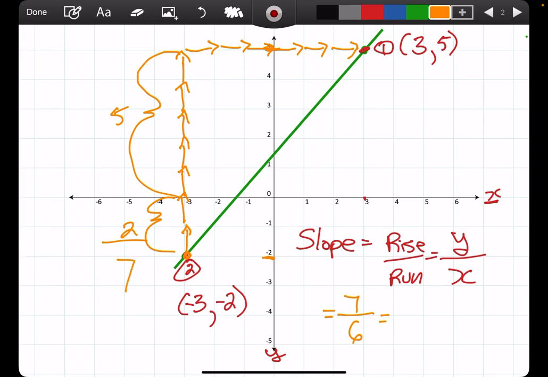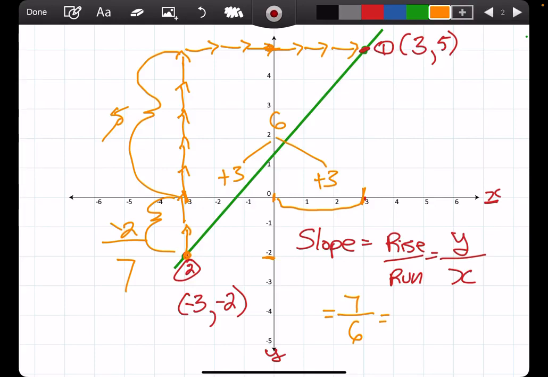This part of the line started right about at the 3, and it went back to 0, so that's +3. And then from here to here was another 3 spaces, +3 again. So these 2 numbers equal my 6, and these 2 numbers give me my 7, which is rise over run, 7 over 6. Pretty straightforward when we're looking at a line that way.